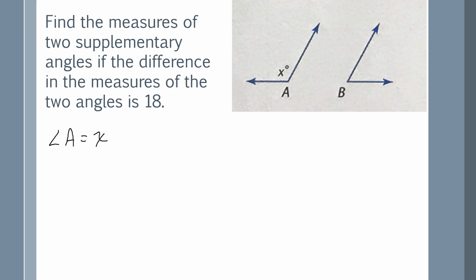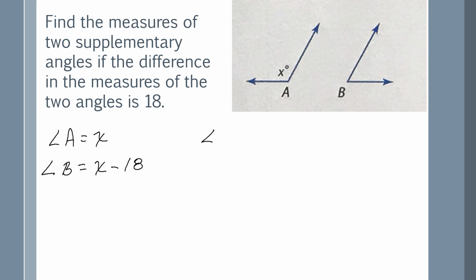We know there's a difference. If angle A is bigger, then angle B is going to be equal to X minus 18. If there's a difference of 18, that means angle A minus 18 would be angle B. Now we can put together an equation and do some algebra.